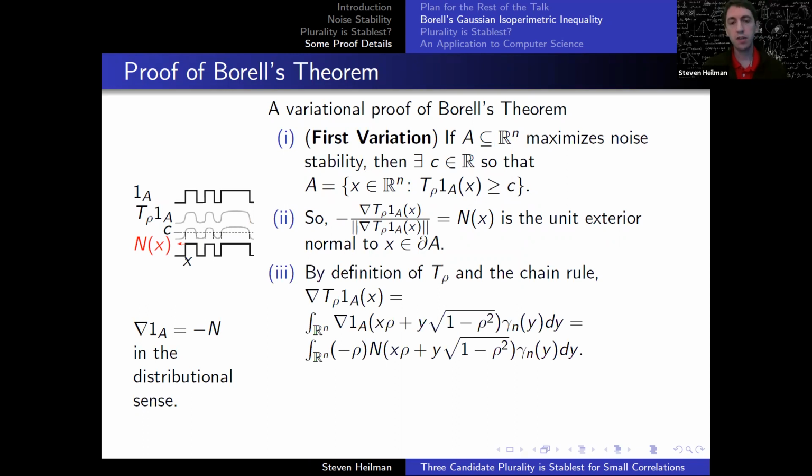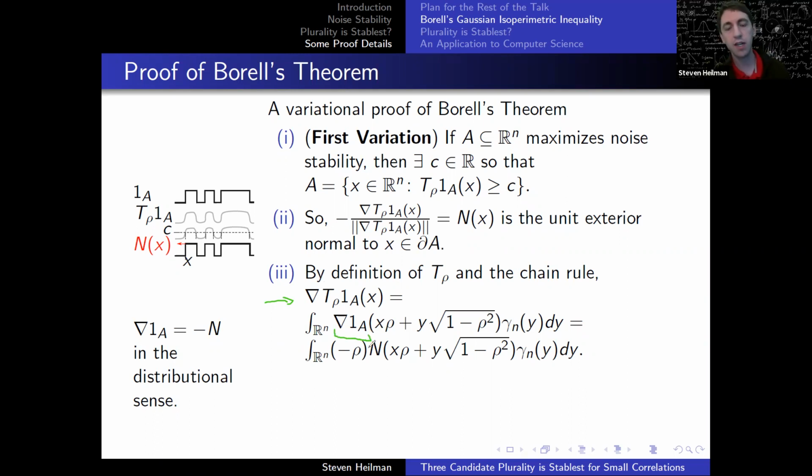Okay, I'm going to be intentionally imprecise here a bit. Let's go back to the definition. By definition of the Ornstein-Uhlenbeck operator T rho, and the chain rule, if I move the gradient inside, I'll get this gradient of indicator A. You can make this precise, but it's easier to explain by being a little imprecise.